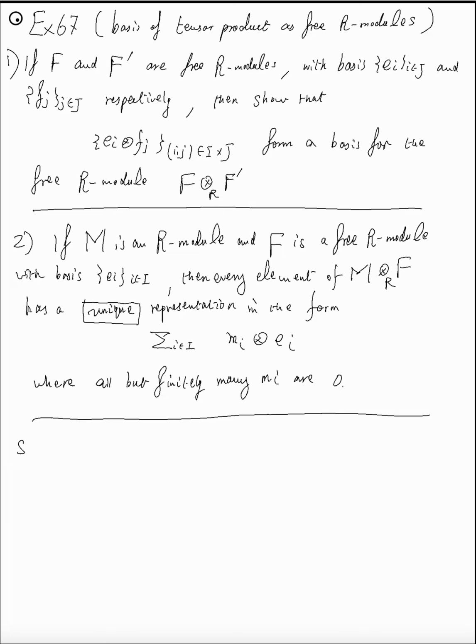Okay, so let's prove the solution. Firstly, for that part, what's the difficulty? Let's just check by definition. Basically, you have to use again the universal property. The idea is that you could define freely a map on e_i, f_j for a given i and j, and then this bilinear map is defined uniquely.